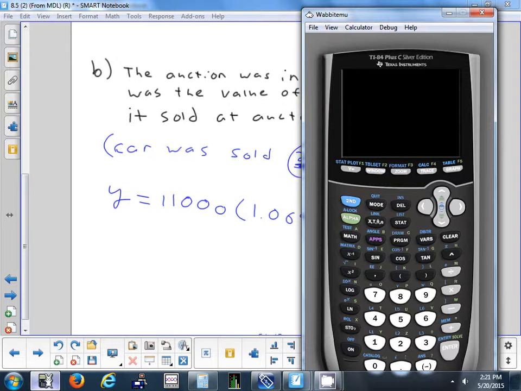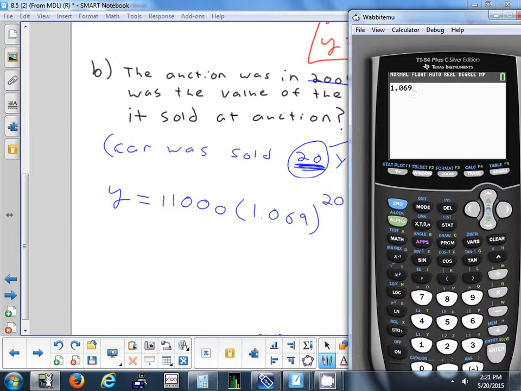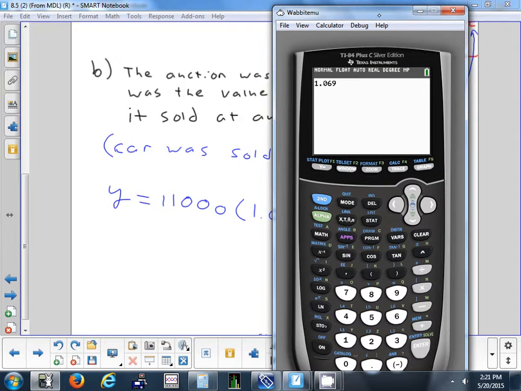All right, for this part, you got to use your calculator. Once you turn it on, type in 1.069 to what power? 20. Do this first. Forget about the 11,000. PEMDAS, exponents first. Raised to the 20th power.